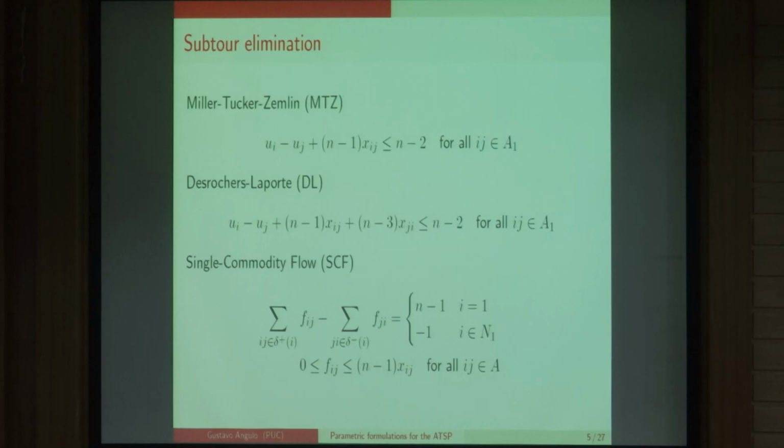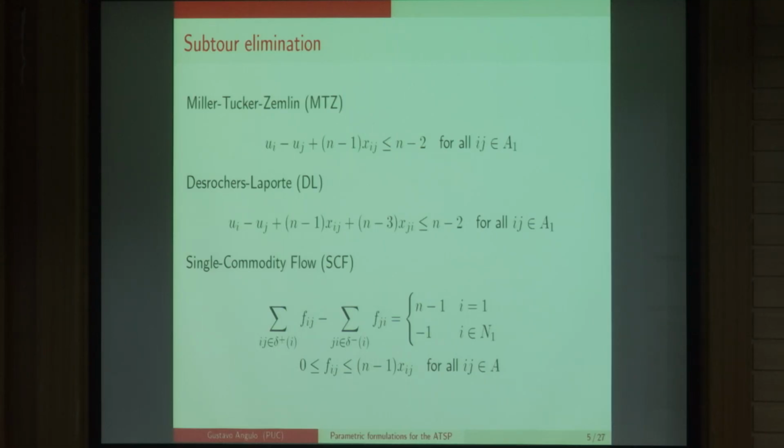So the simplest one is the Miller-Tucker-Zemlin formulation, where we have additional variables u_i. u_i kind of denotes the position of node i in the tour, right? So if x_ij takes the value 1, it means that i and j are consecutive, and therefore the position of node j has to be at least 1 more than the position of node i. So this is the relationship.